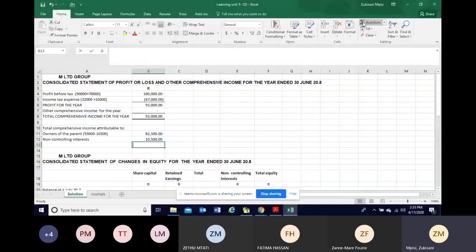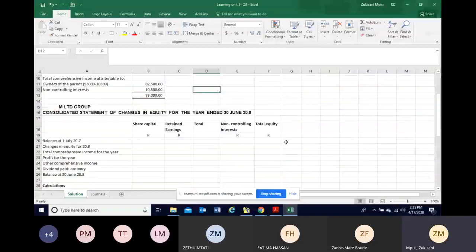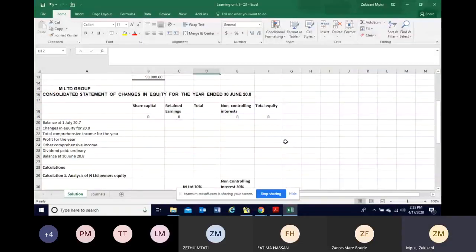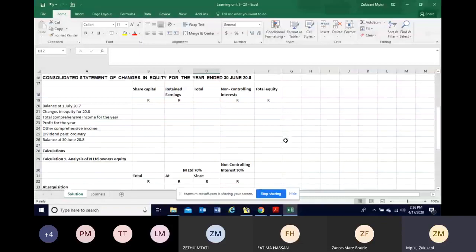All of them together, they give you 93,000, which is your profit. This is just to make sure that they give you that much. So that makes us now complete the consolidated statement of profit or loss and other comprehensive income. And then we move on and we do a statement of changes in equity for the year ended 30 June 2008. So let us look at this one.